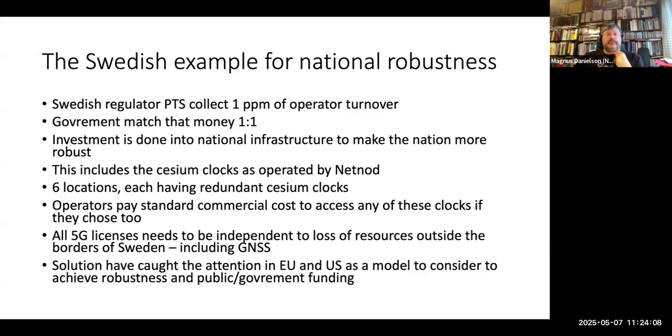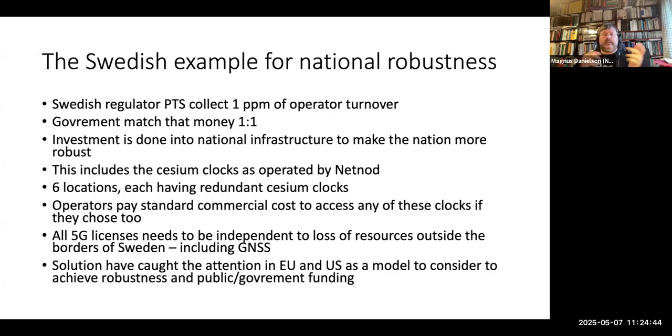But it also includes building the cesium-based clocks or time nodes, as they are called, as operated by NetNode. This exists in 6 different locations. And these locations are also where you exchange traffic between operators. So this makes it very easy for an operator to get redundant timing in a very dispersed pattern.